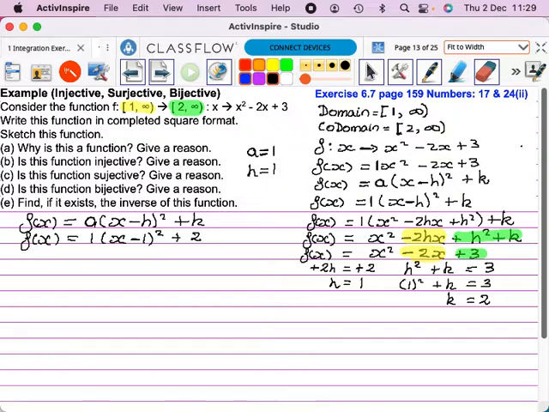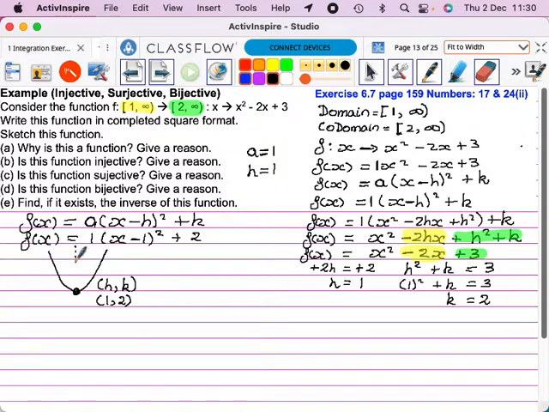We know that this is a happy quadratic, so we can draw the quadratic looking happy. We know that the vertex is given by the coordinate h, comma k, and we know that this vertex is 1, comma 2, because we just worked out what h and k actually are.